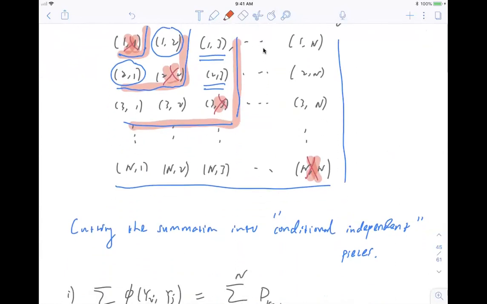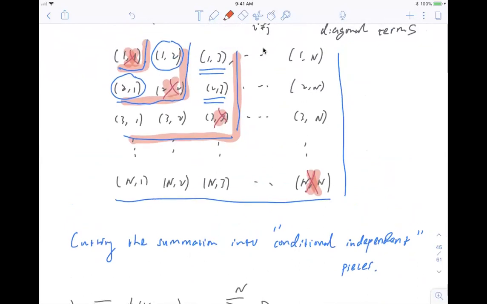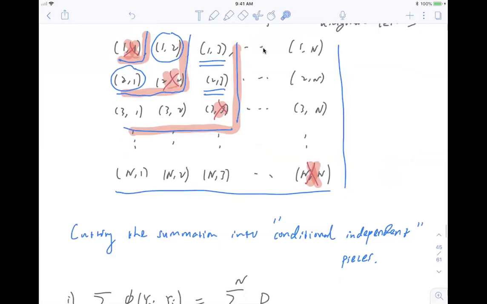Then we can write the summation as a new summation of d_k, and d_k is just this term. Let's say d_1 is 0, d_2 is just the sum of the 1, 2 term and 2, 1 term, and d_3 is just the sum of these terms, this level. And those are conditionally independent.